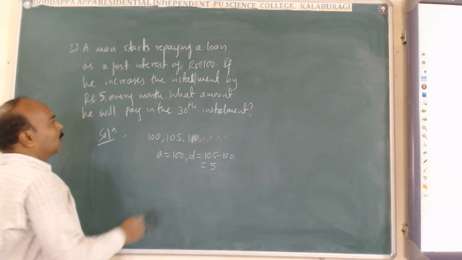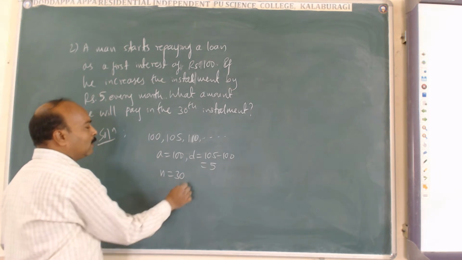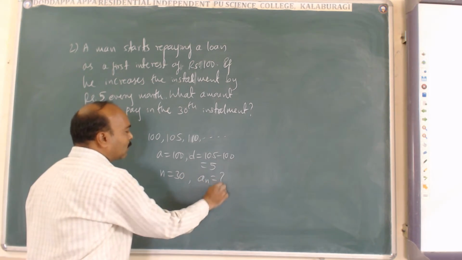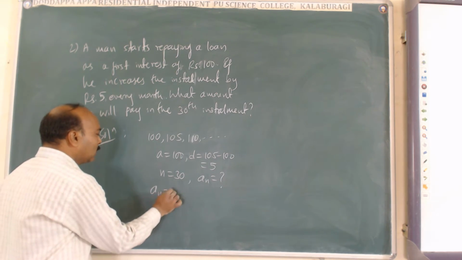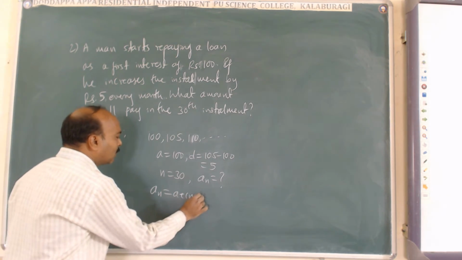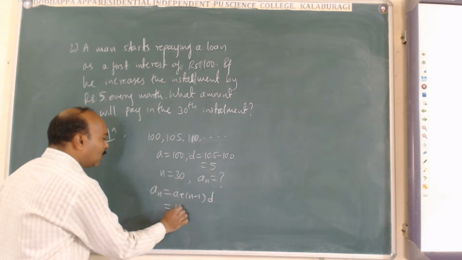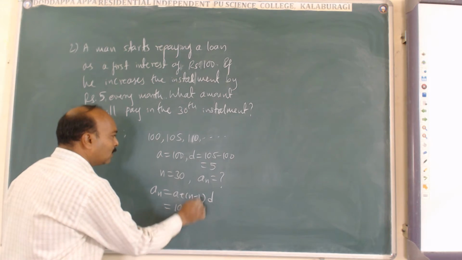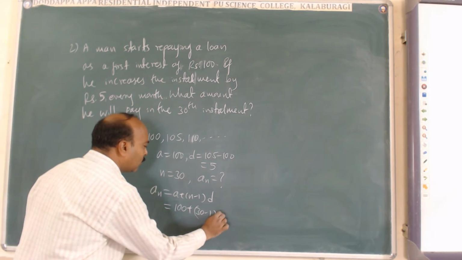You ask for the 30th installment, means n equal to 30. Then we ask a n equal to what? What is the value of a n? So our formula is a n equal to a plus n minus 1 into d. So a value is 100 plus n minus 1, that is 30 minus 1, into d, that is 5.